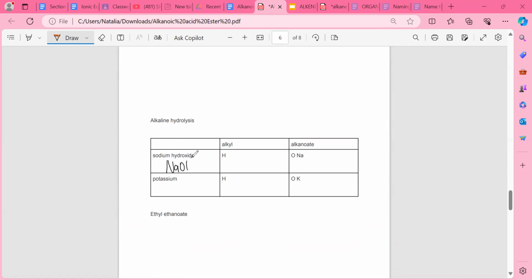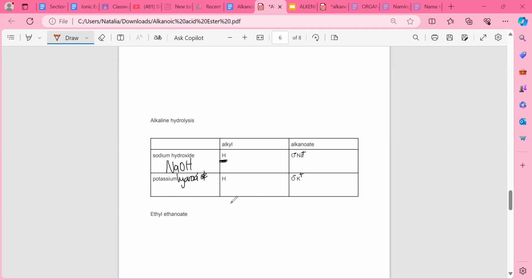Now, sodium hydroxide is NaOH. So to the alkyl part of the ester, we're going to add H. And to the alkanoate part, we're going to add O negative Na plus.